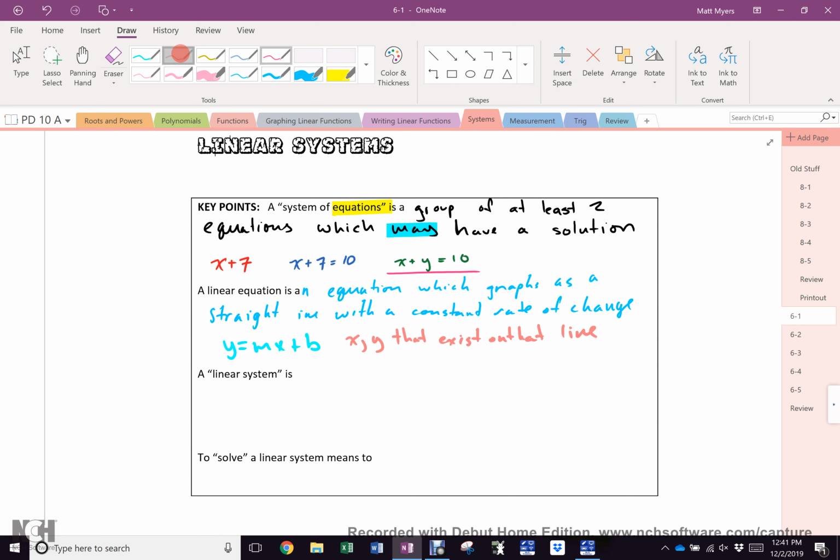A linear system is a group of how many? At least two what? Equations. What kind of equations? Linear equations. At least two linear equations. Keep going. That can be.